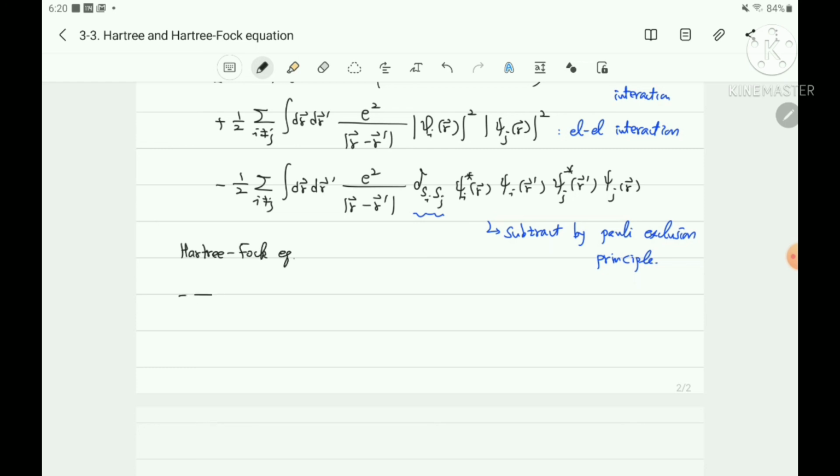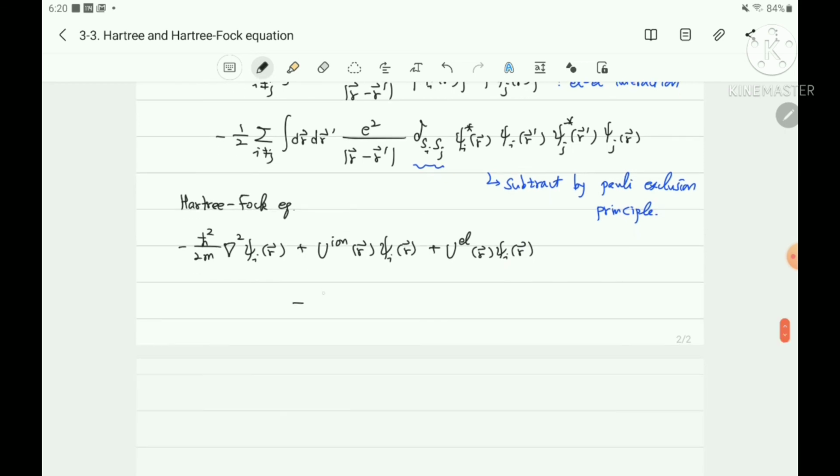Like this, minus h bar square over 2m del square psi i of r plus u ion of r psi i of r, plus u electron of r psi i of r, and minus, the important thing is the minus summation over j.